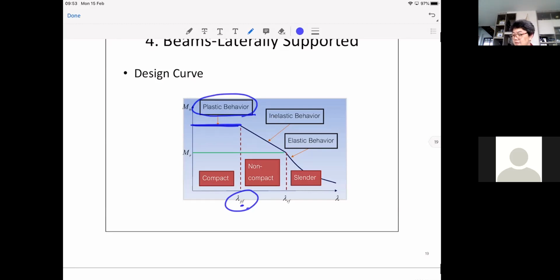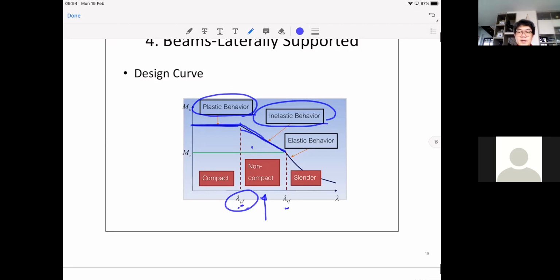Okay, if either one of them becomes non-compact, that means the slenderness ratio exceeds lambda p but not lambda r, you will have the non-compact section. One of the elements falls into this category, you have the non-compact section. And you see the load carrying capacity is reduced linearly, and the behavior in this region we call inelastic behavior.